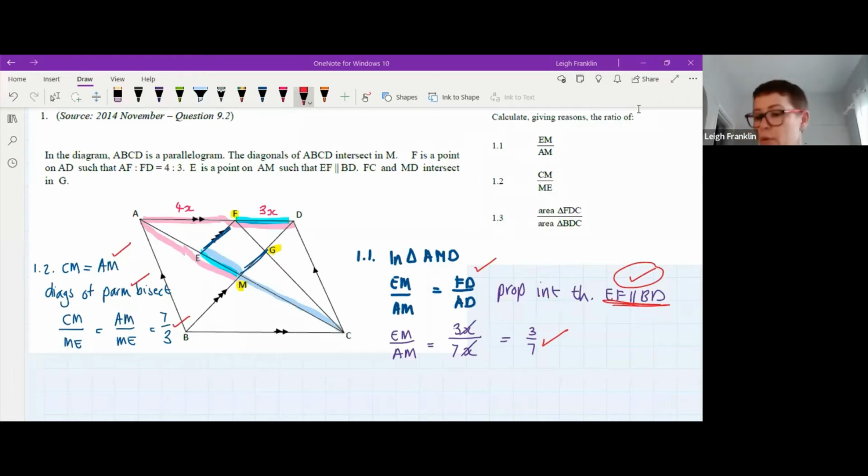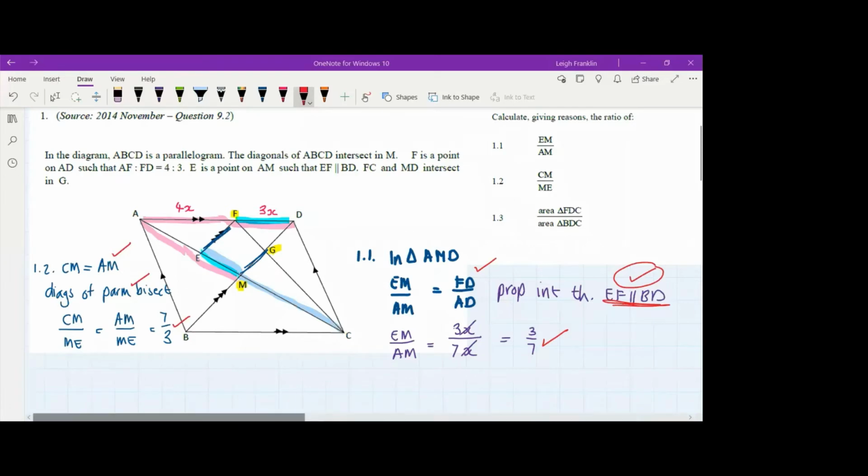Okay, so the idea behind a question like this is that they really want you to write a ratio using the area. Now, in matric, there are 2 ways that you can get the area of a triangle. Can you name one of them for me? What's one way that we get the area of a triangle?